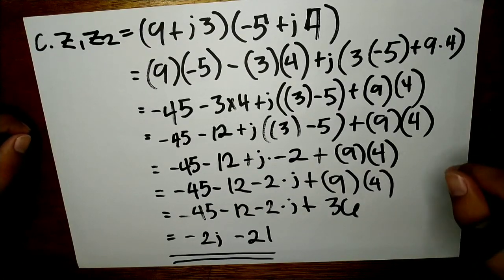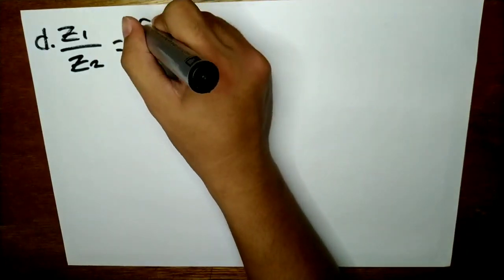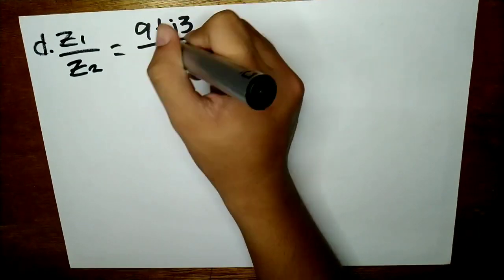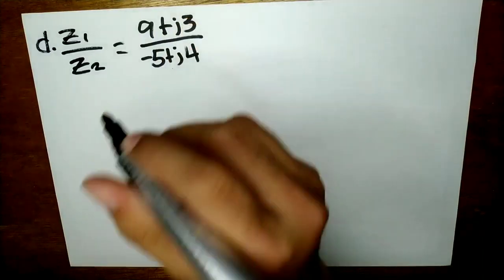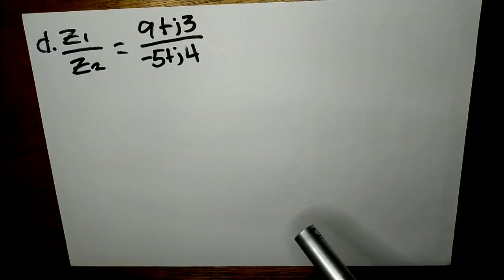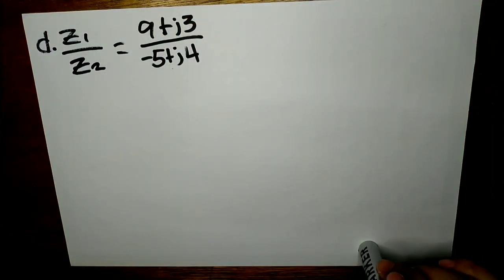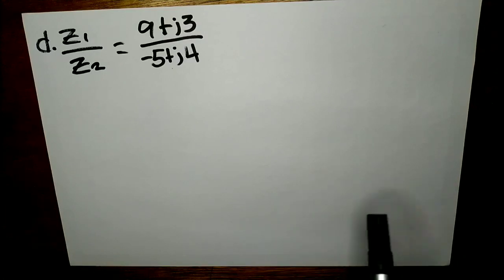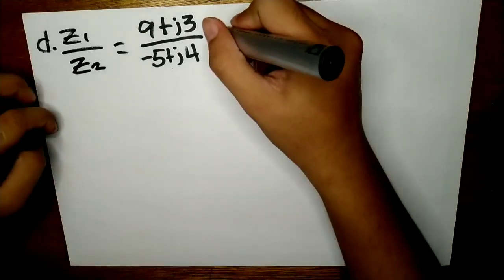Now let's move for the letter D. So in letter D, we need to divide it. So first, of course, we need to write the given. Now, following the formula, we need to separate the real numbers from the imaginary ones. So it is going to be like this.